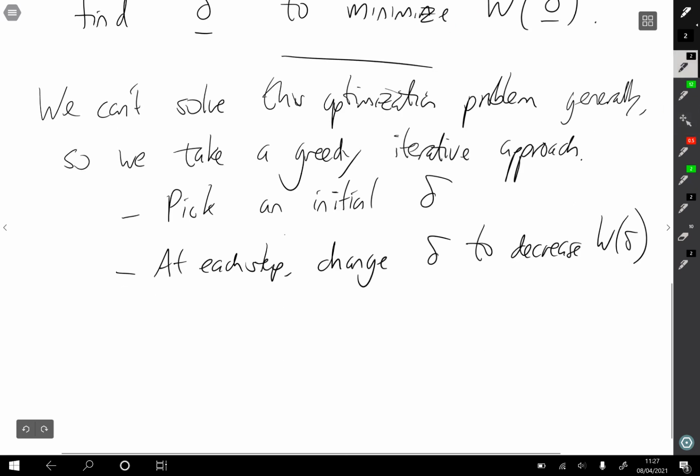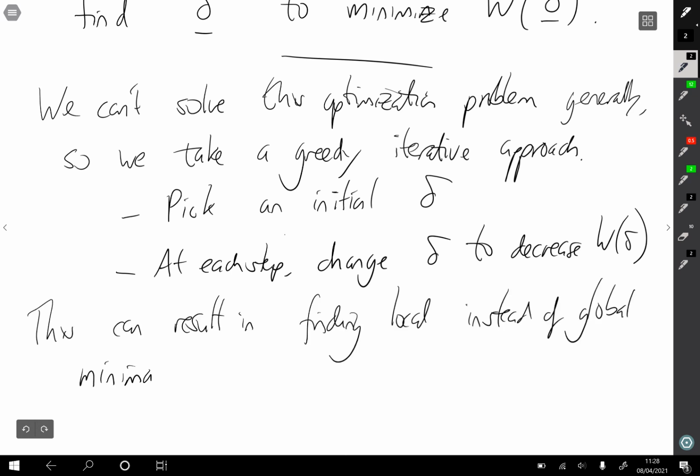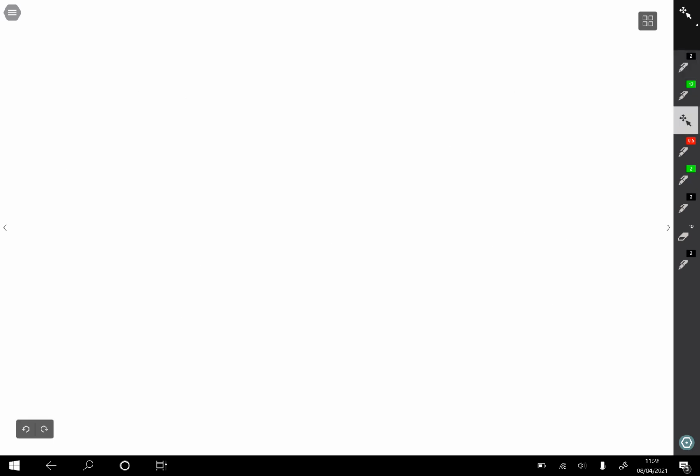Just note this can result in finding local minima, so we might find a local minimum point rather than the global minimum point. So what we tend to do is run the algorithm multiple times. We pick many different initial assignments, delta, use this greedy iterative approach, and then compare all the answers we get at the end.